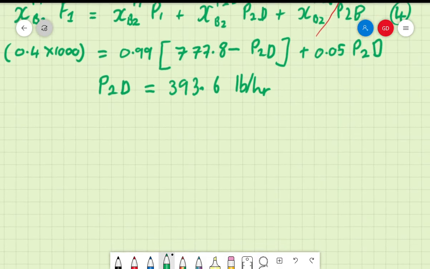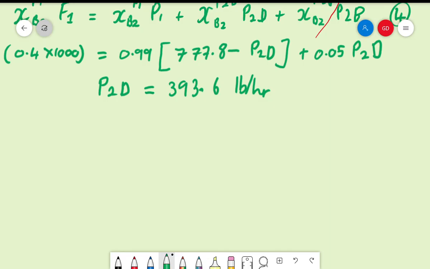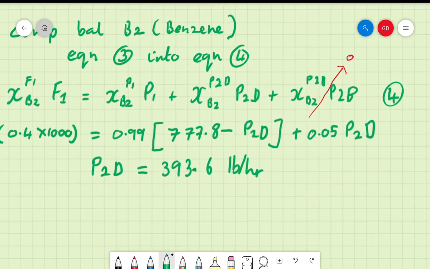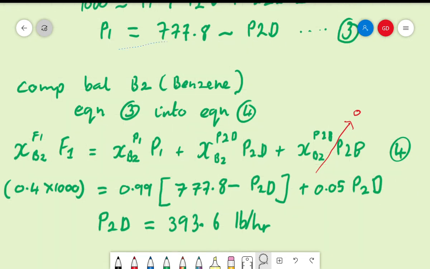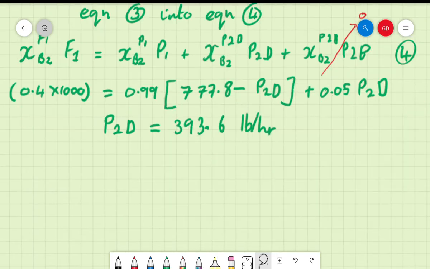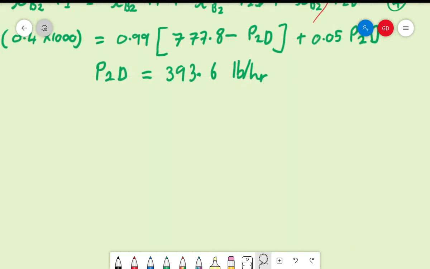Okay, so now we've got the second variable. So we can easily get the third one, which is P1, since we have that expression up there. We've got this equation here, so we can use it to find P1. So now let's use that one.